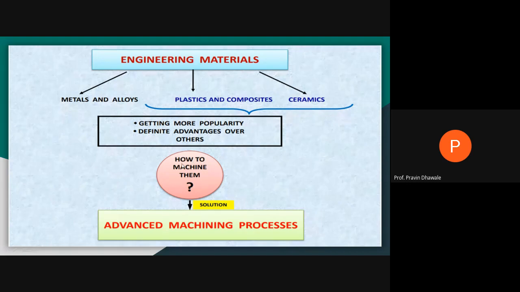Now, what is the solution? That is the advanced machining process, the non-conventional or non-traditional machining process. You draw this diagram. Take some time to draw this diagram.